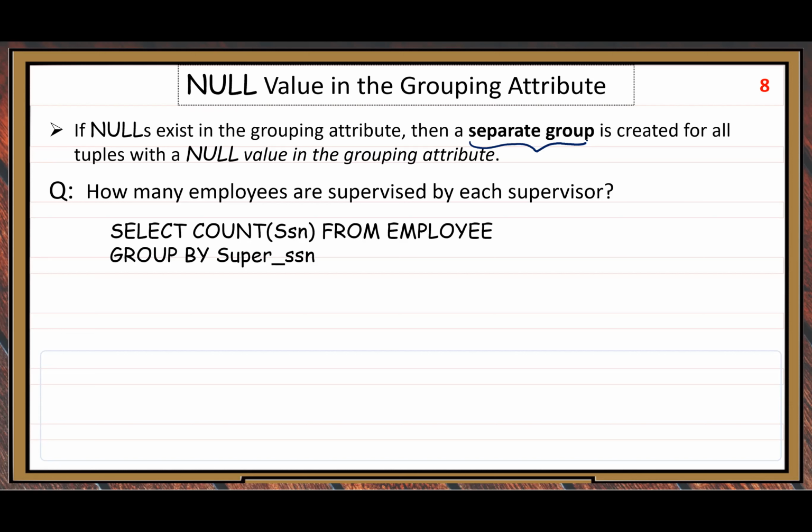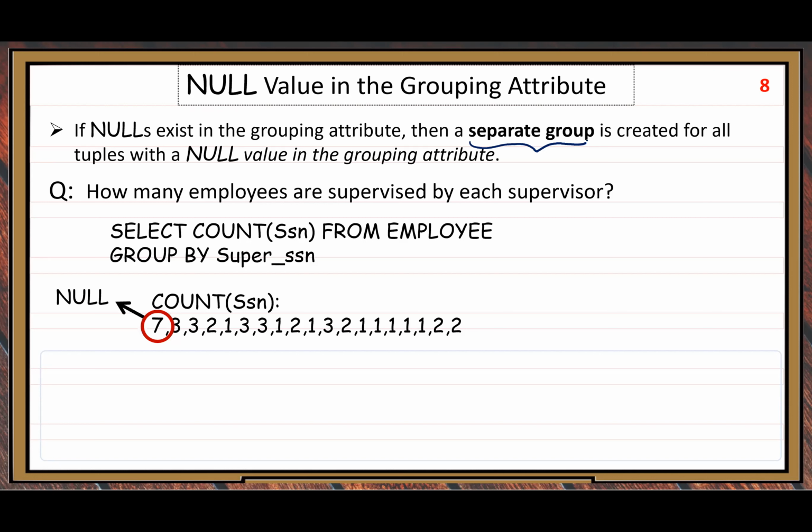So the result is this. You see, the first group is the null group. There are 7 employees whose super_SSN takes the null value. For the remaining normal values, each value has its own subgroup.